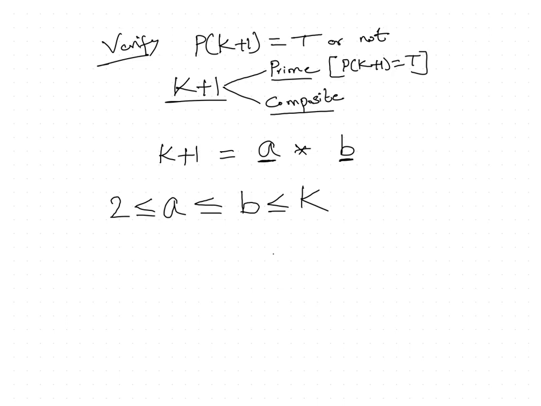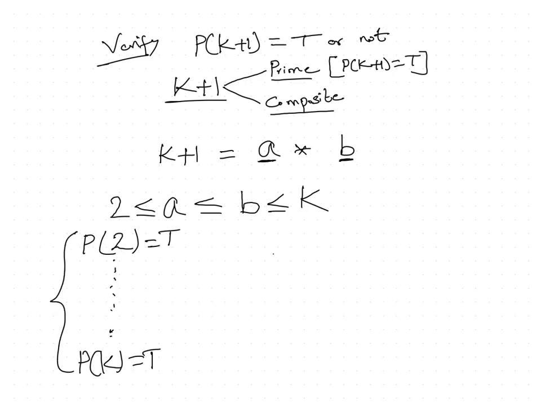Now since a lies inclusively between 2 and k, I am assuming P of 2 is equal to true, right? Similarly, up to P of k is equal to true. So I have assumed this as true.